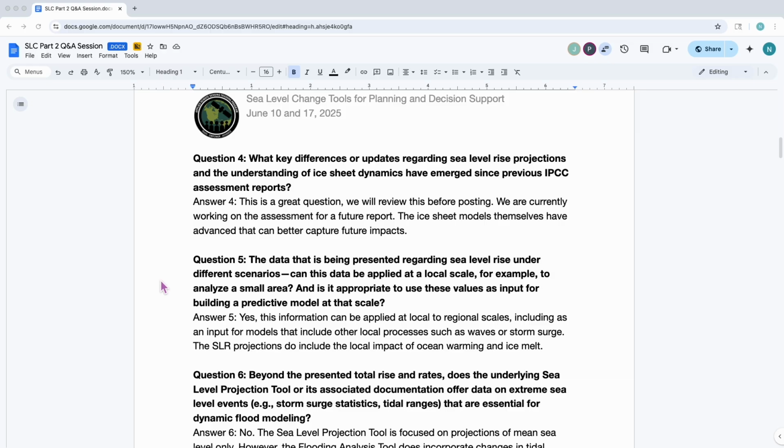maybe I'll just offer a very general answer, which is that the ice sheet models themselves have advanced, and so more ice sheet models now simulate more of the processes that we think are important for simulating the future.